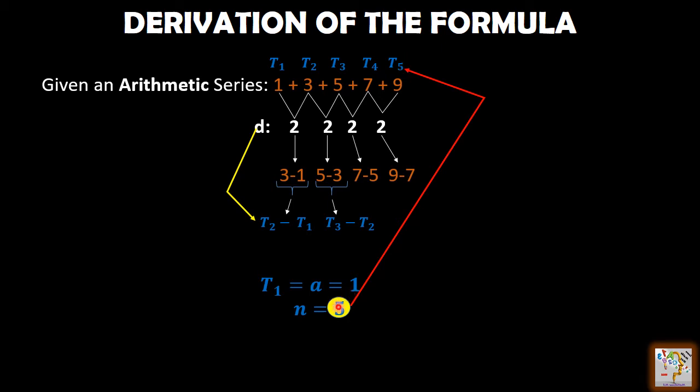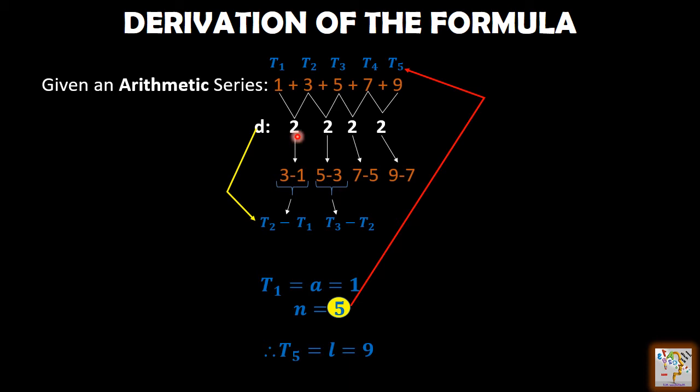There are 5 terms in the series, but the 5th term, term 5, is 9. There are 5 terms of the series, and the 5th term is what? It's 9. And the first term, which is A, is equal to 1, and the common difference is equal to 2. That is the interpretation.